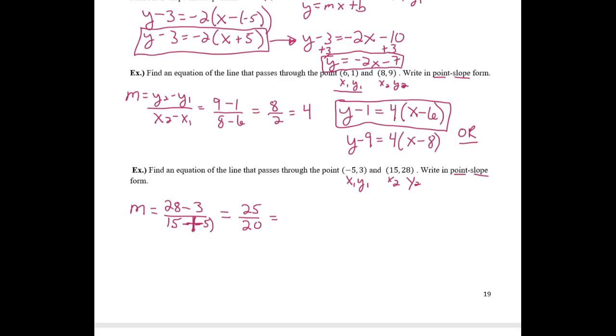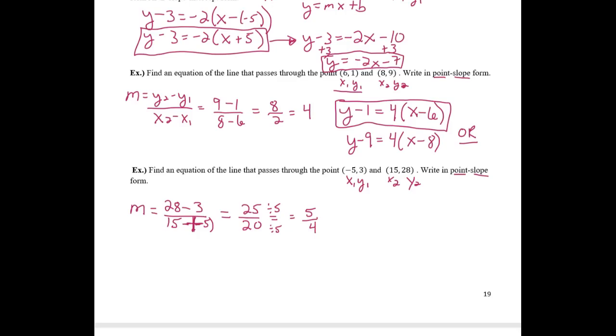I need to write my fraction in lowest terms. It's not going to be a whole number this time, but I could divide out a common factor of 5. So 25 divided by 5 is 5. 20 divided by 5 is 4. There's my slope.